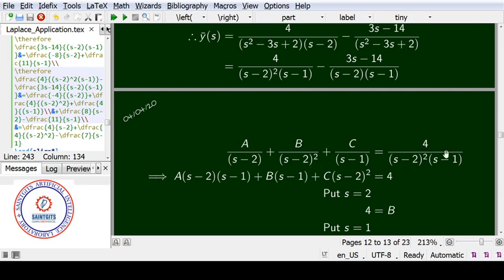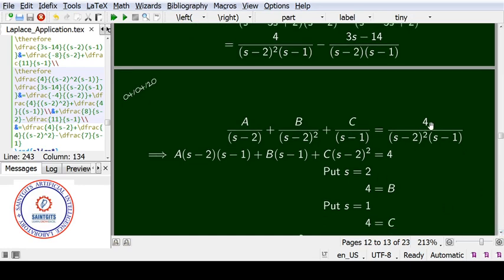Now we multiply both sides by the denominator, s minus 2 the whole square into s minus 1. So the expression becomes 4 equals a into s minus 2 into s minus 1 plus b into s minus 1 plus c into s minus 2 square.